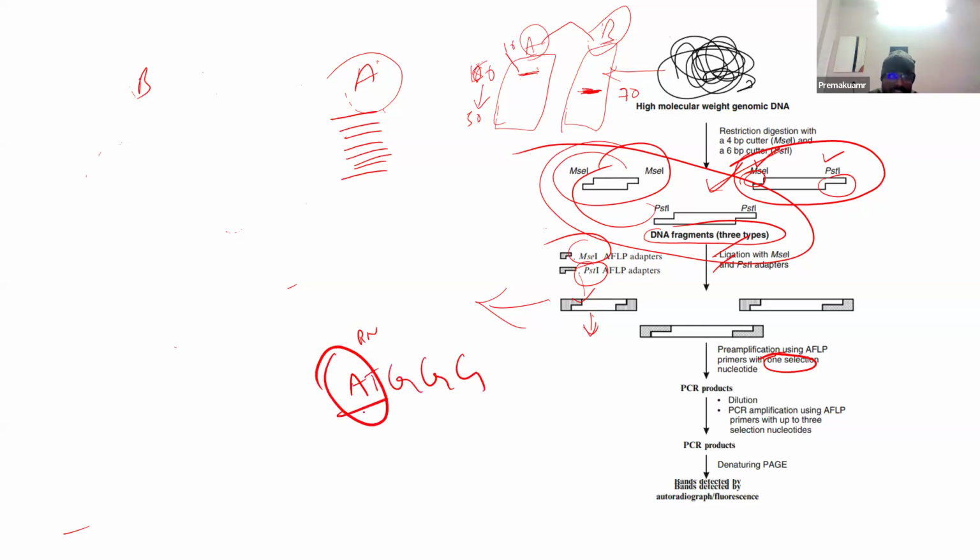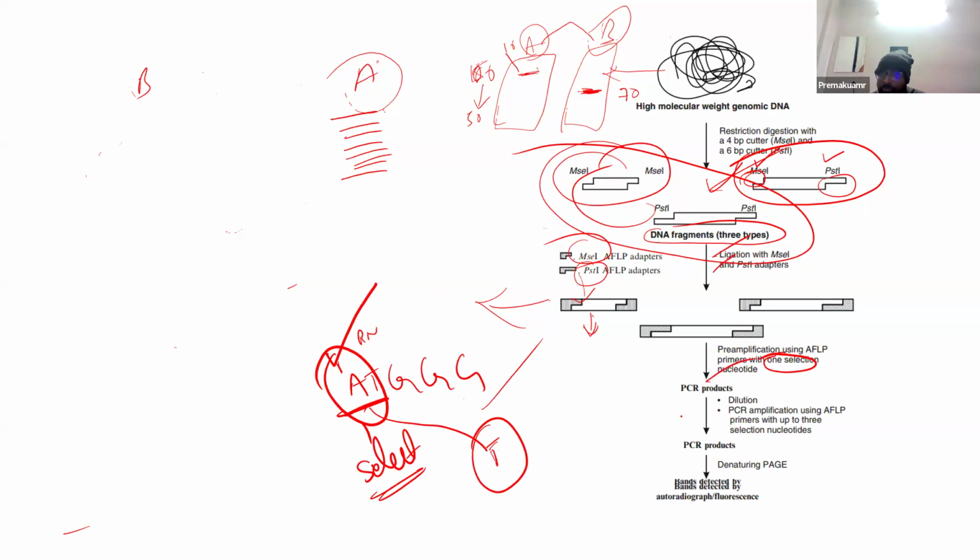This A is the selection nucleotide. This primer should have A in this particular position. Means wherever the complementary T will be there, it only amplifies. But wherever the opposite T was not there, it will not bind. Means you are selecting some fragments. We are eliminating all the other fragments. We are selecting only some fragments by using the selection nucleotide.